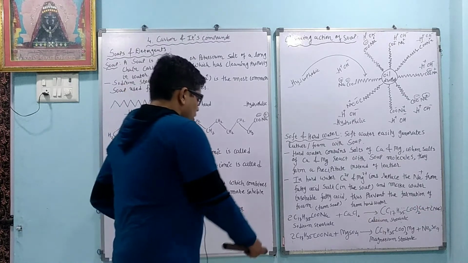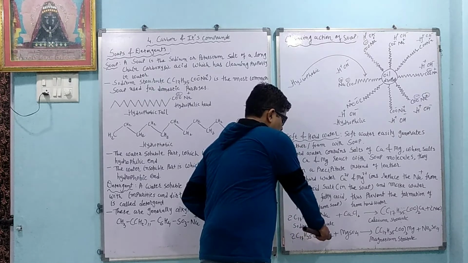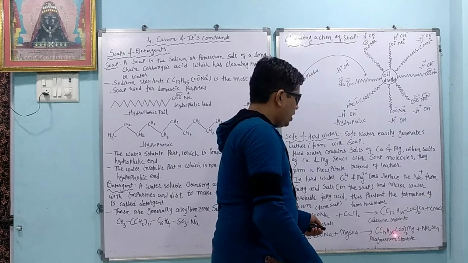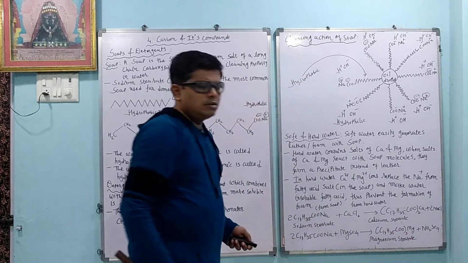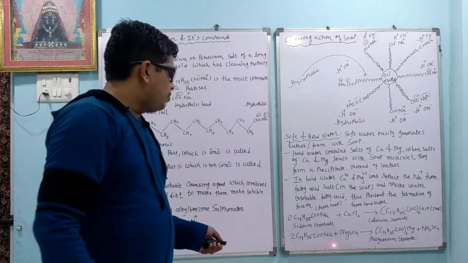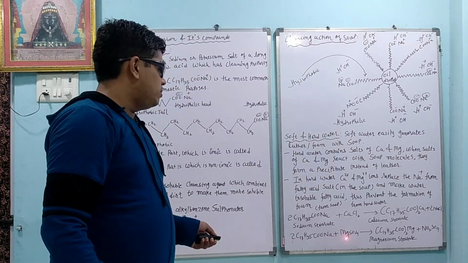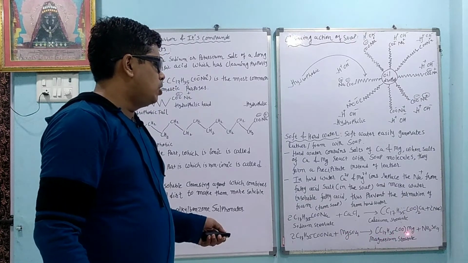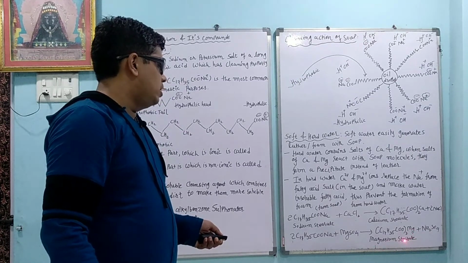In the same way, 2 moles of C17H35COONa, sodium stearate, react with magnesium sulfate and give (C17H35COO)2Mg plus Na2SO4. Suppose we use the soap and magnesium is present as Mg2+, then the (C17H35COO)2Mg salt is obtained, that is called magnesium stearate.